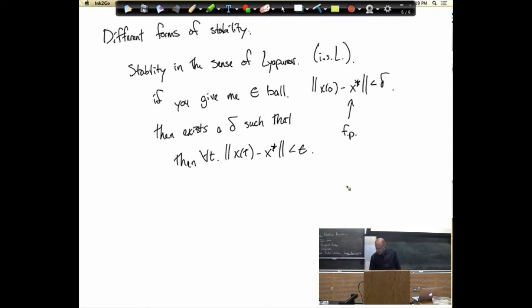Okay, so for instance, in our pendulum example, we had a fixed point here. Is this fixed point stable in the sense of Lyapunov?